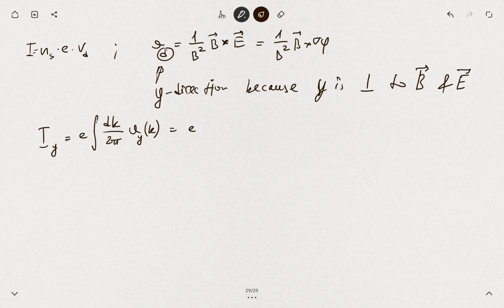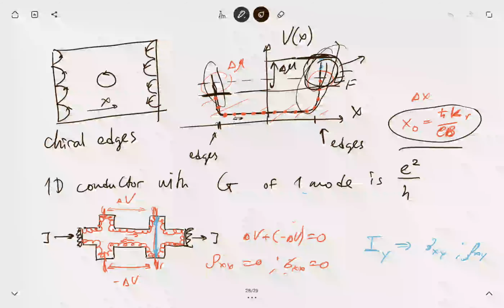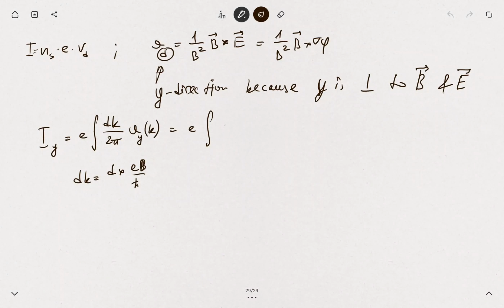And then the integral would be, let me briefly say it, dk is dx eB over h bar. That's from this one. Then we can plug in the numbers. So we have dx eB over 2 pi h bar.